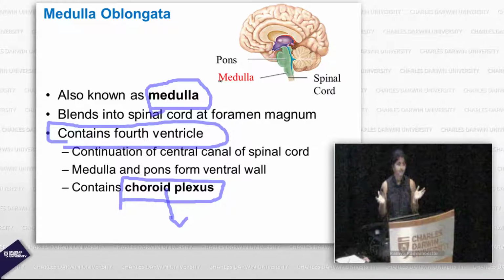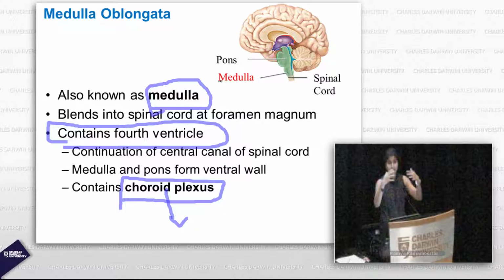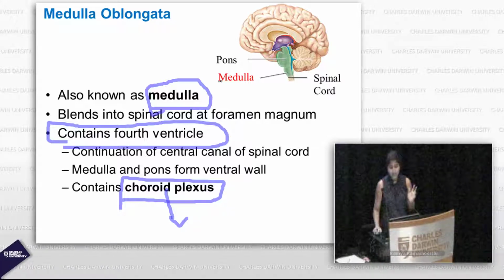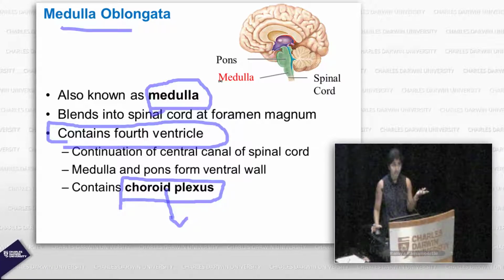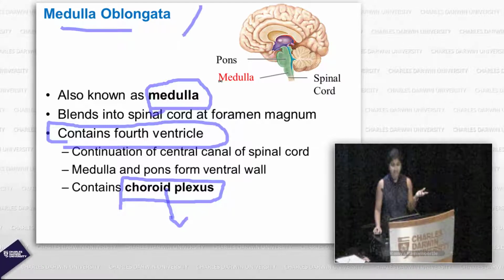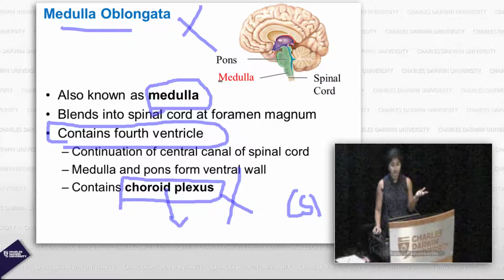And cerebrospinal fluid basically helps in control of various functions within the brain. So if something affects the choroid plexus, for example if there is no medulla oblongata, then there is no choroid plexus and there is no CSF. No CSF, no life.